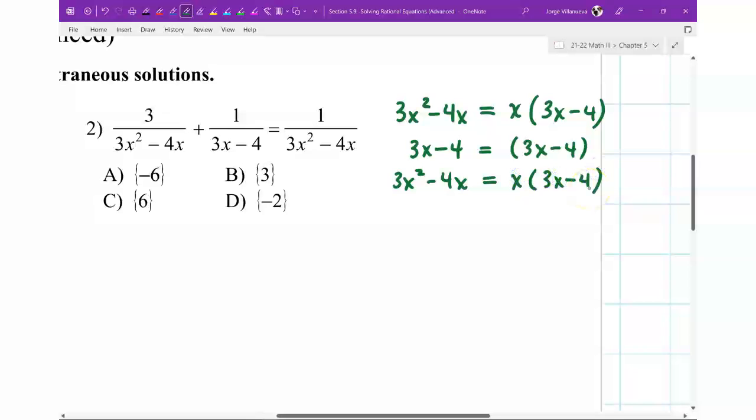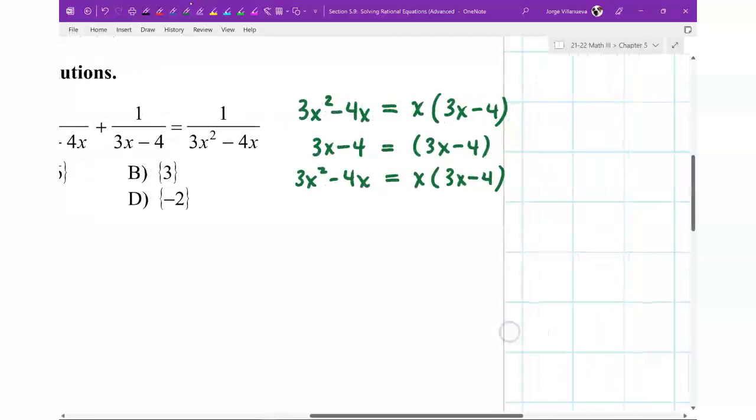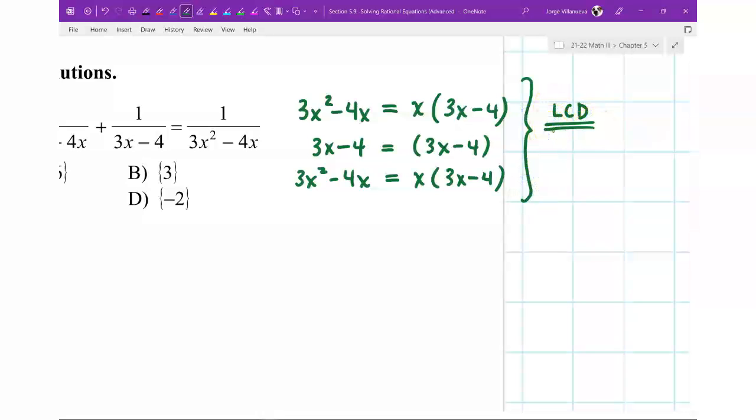Now why do we do that? Because this is where we start choosing what they have in common. No problem. So let's find my LCD. They all have a 3x minus 4, and it's all to the first power. It could be like a second and a fourth power, but they don't have that.